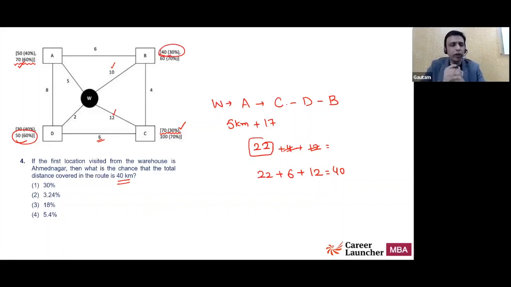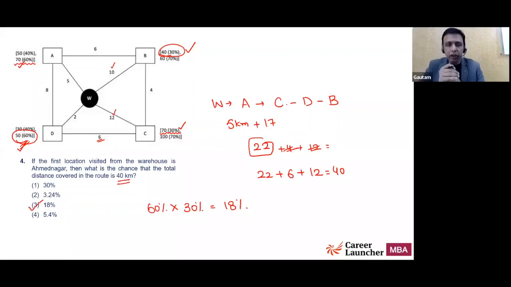So it is very clear that 70 is already there, 30 is already there, sorry. And the route that he must choose is first to D and then to B. So the chance of visiting here would be 60% and then 30%. So the net answer would be 18%.